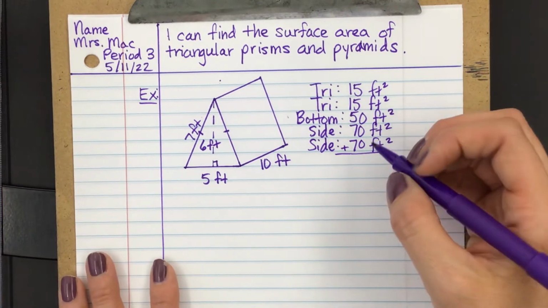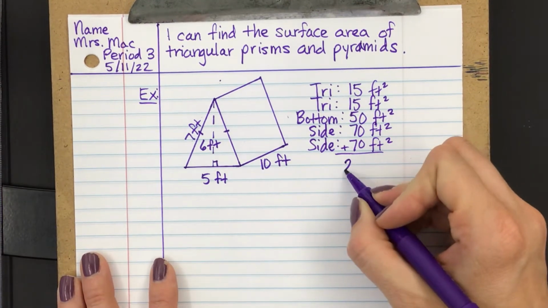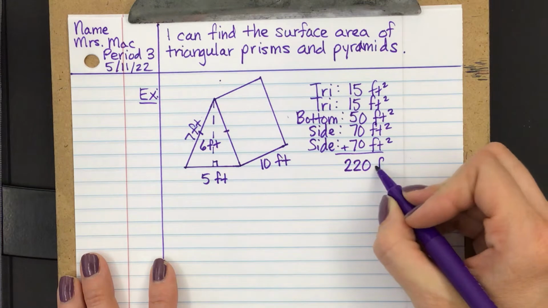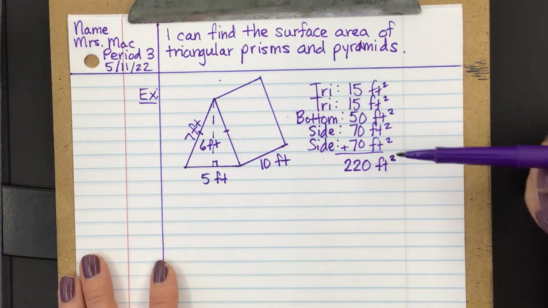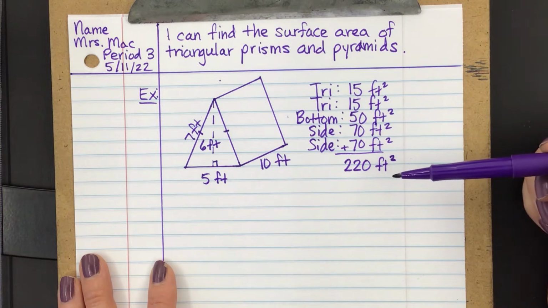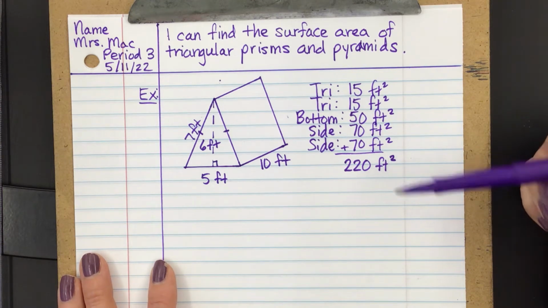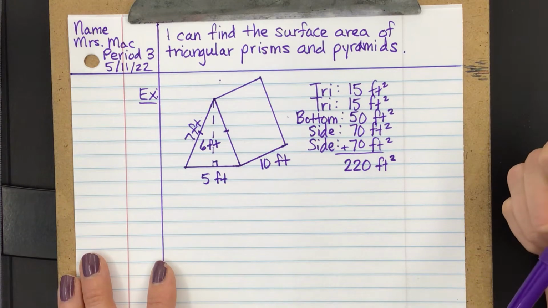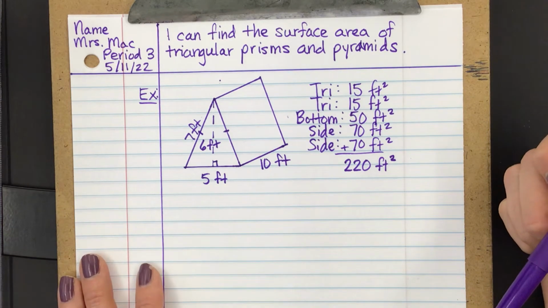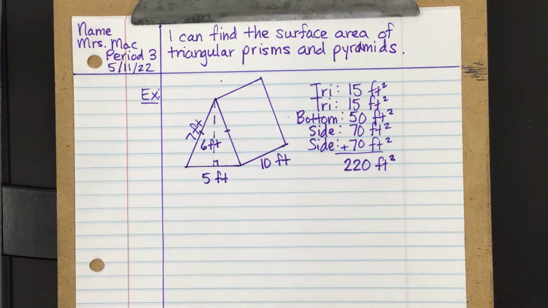And if I add them all up, I get 220 feet squared. Okay. Do make sure that you have your units and that they are units squared for surface area. Anytime you see area, it's squared. Anytime you see volume, it's cubed. Okay. So that's a triangular prism.